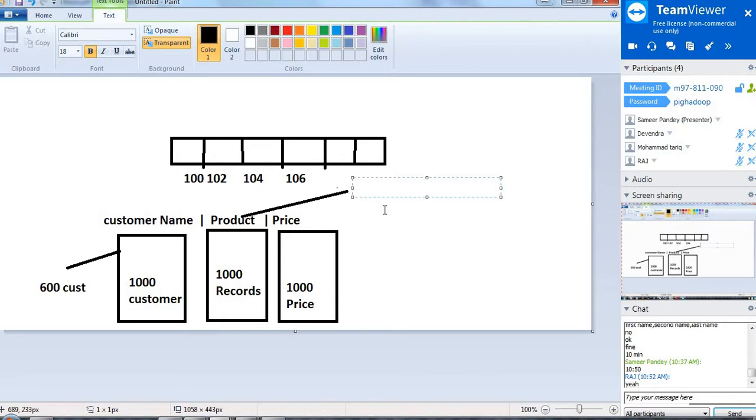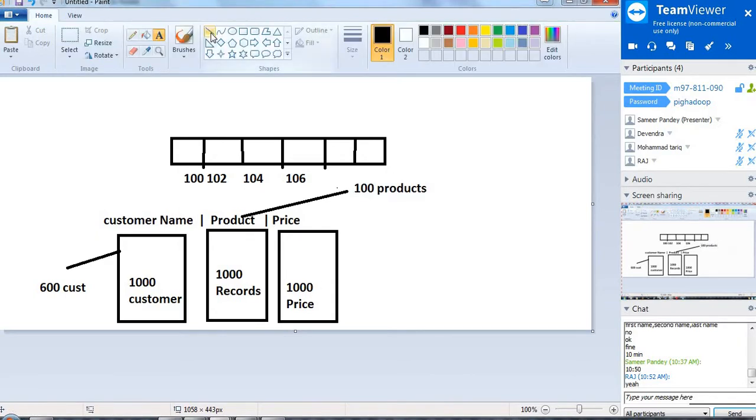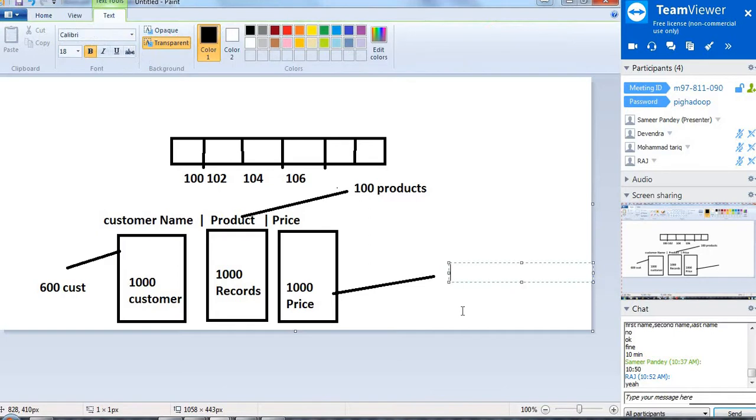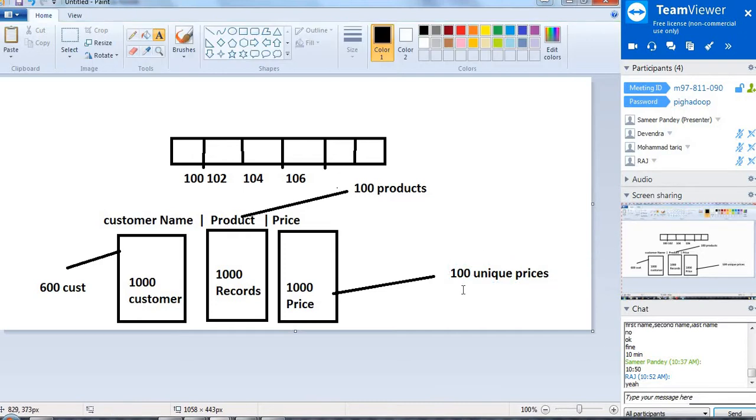Price wise, there is a lot of chance that many products have the same price, so let's keep it 100 unique prices. Now see, it's compressed: 600 customers, 100 products, and 100 unique prices. So data is automatically compressed. If you follow a column oriented technique, it helps in compression.